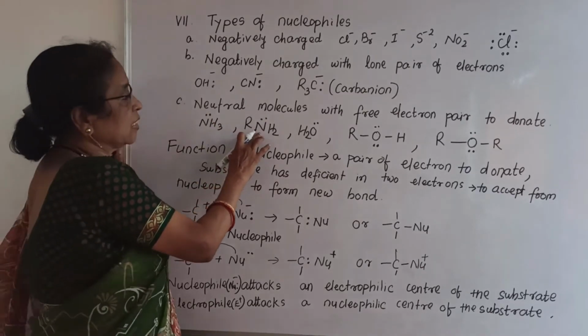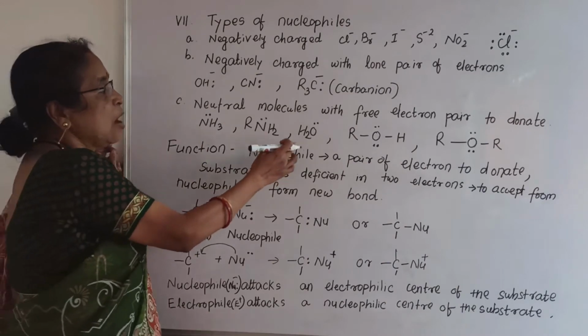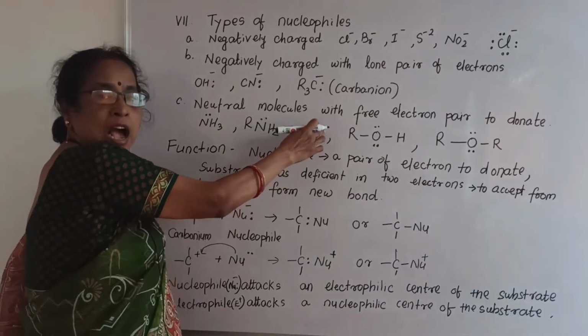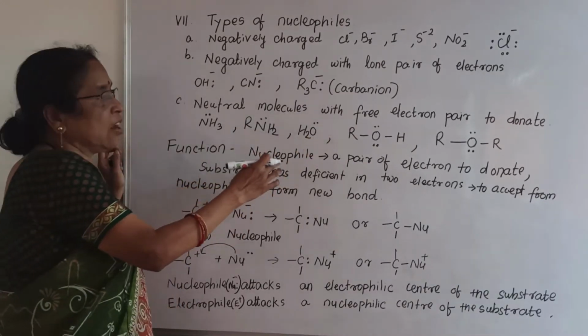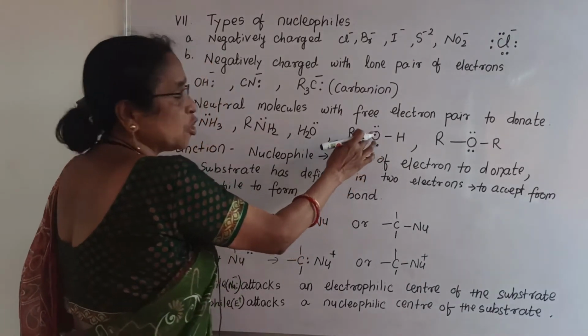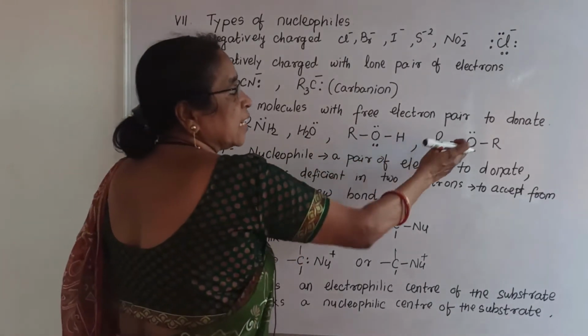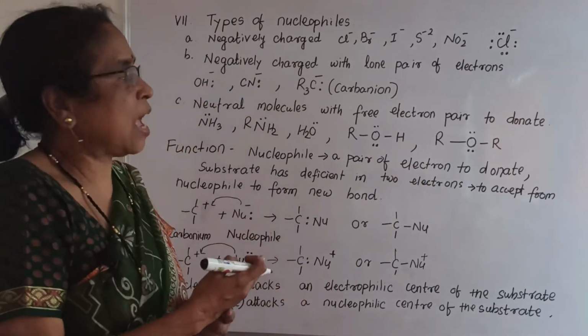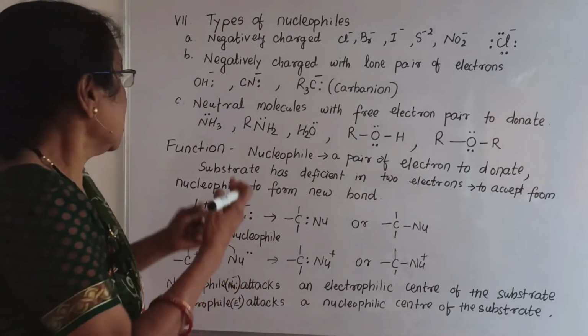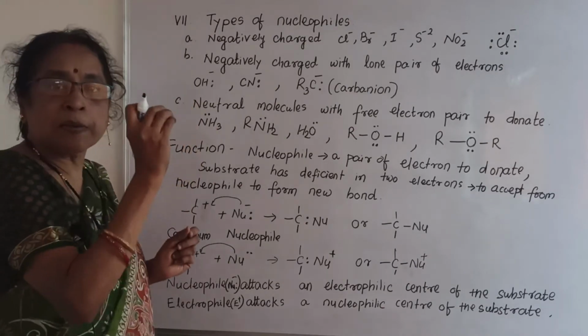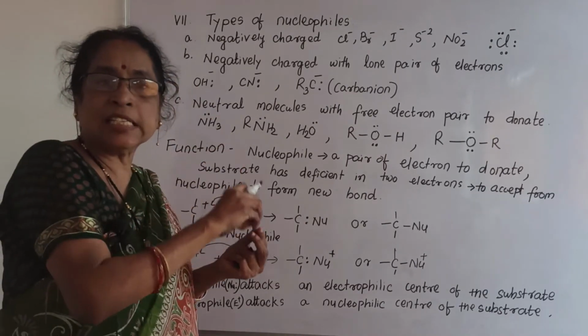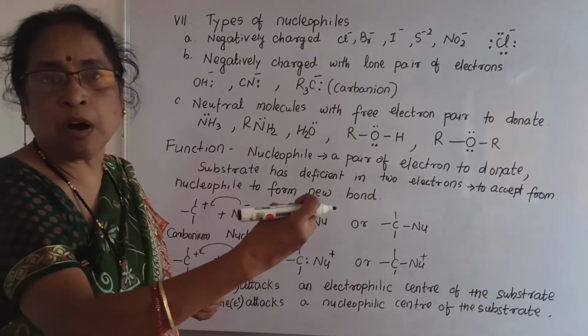Similarly, in nitrogen RNH2 amine, and water, oxygen has one pair of electrons, and oxygen in alcohol has 2 pairs of electrons, and in ether also oxygen has 2 pairs of electrons. That means here a pair of electrons is available to donate to others.